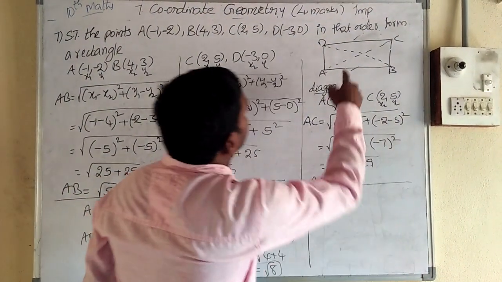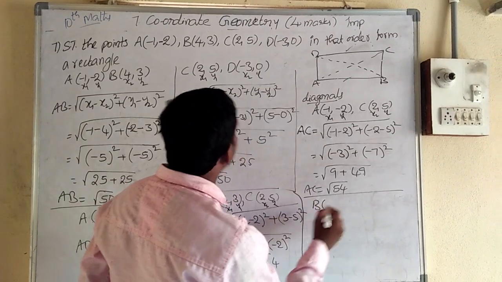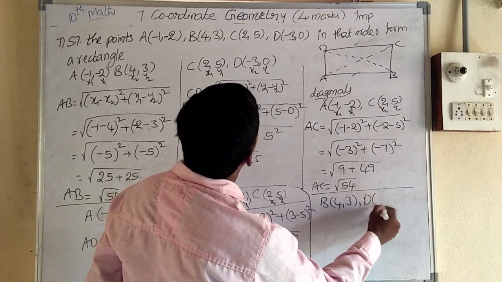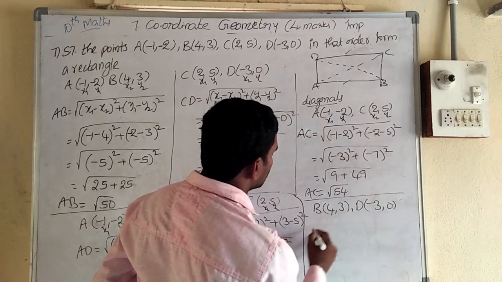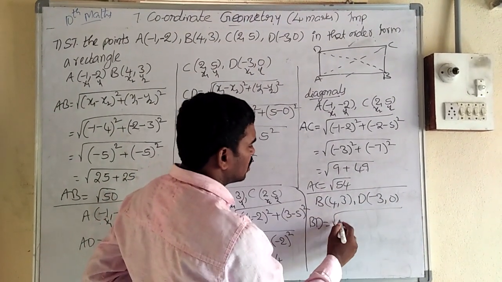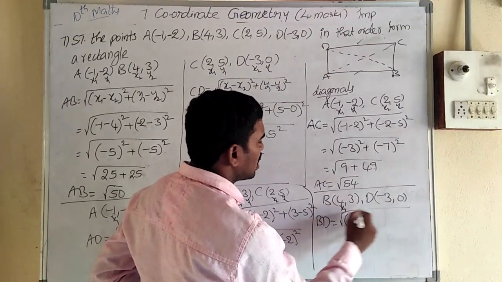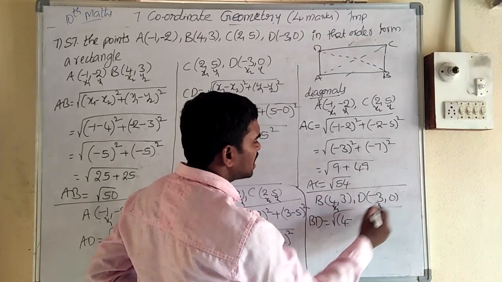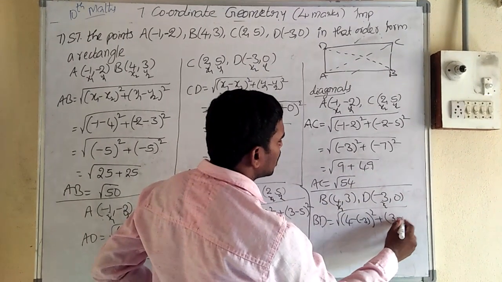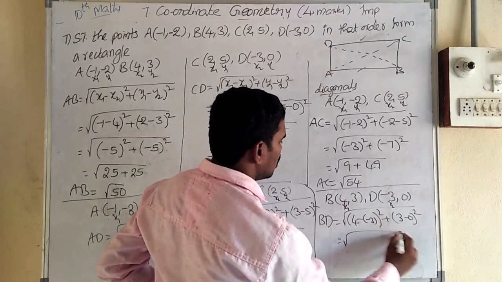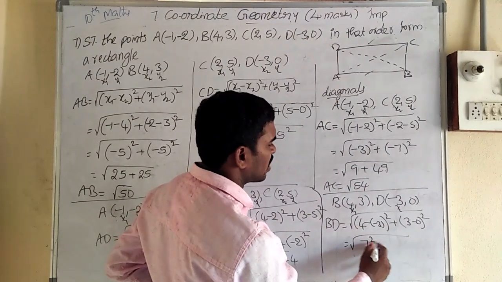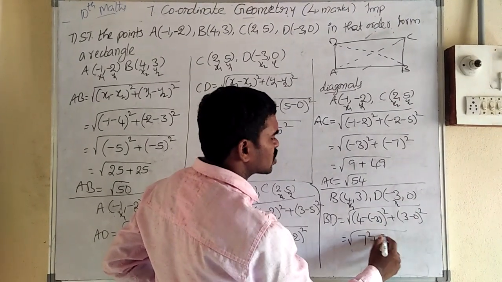So what is the other diagonal? BD. What is B? 4, 3. And what is D? Minus 3, 0. So BD is the same, root of x1 minus x2 whole square. So 4 minus minus 3 whole square plus y1 minus y2, 3 minus 0 whole square. 4 minus into minus plus, 4 plus 3, 7 square. 3 minus 0, 3 square.